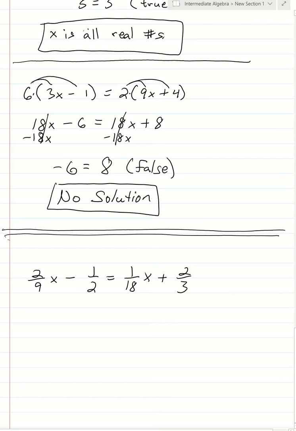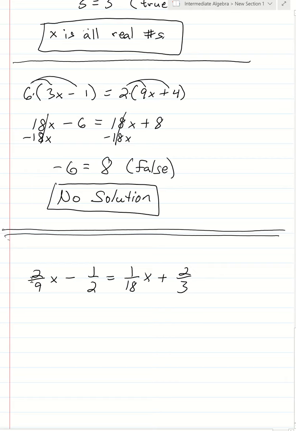Now, most people look at this type of a problem and they panic because, for whatever reason, people have a phobia of fractions. They just don't like them. Okay? But I'm going to try to help you get through that phobia, okay, because we will encounter many fractions during the course of the semester.